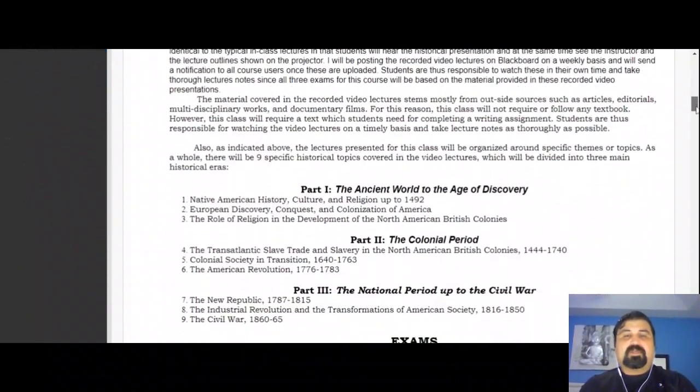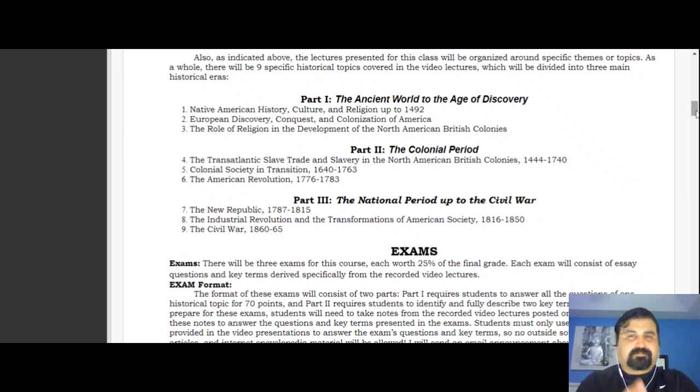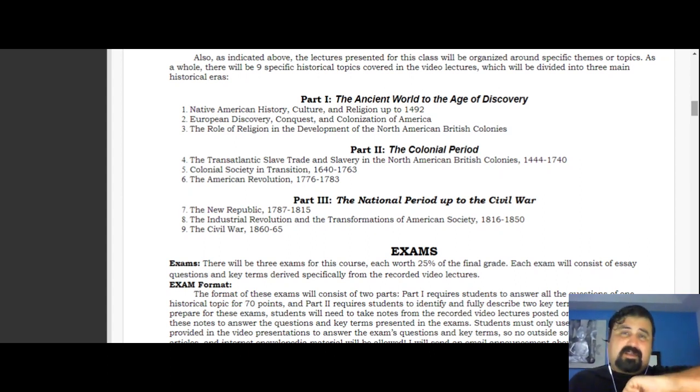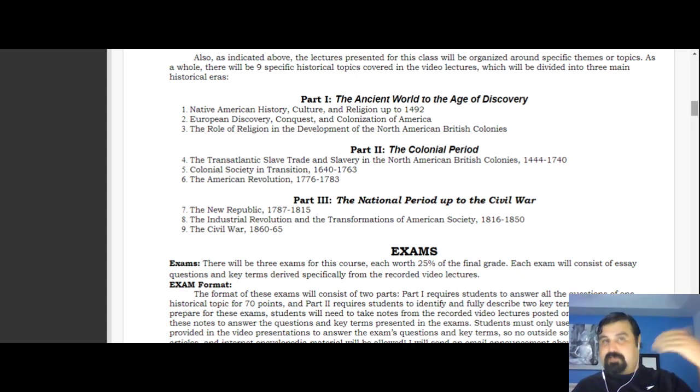Again, this is the way they're going to be subdivided by historical periods. There are 3 parts. The first covers the ancient world to the age of discovery, with 3 topics. Once we finish those 3 topics, there's going to be an exam.